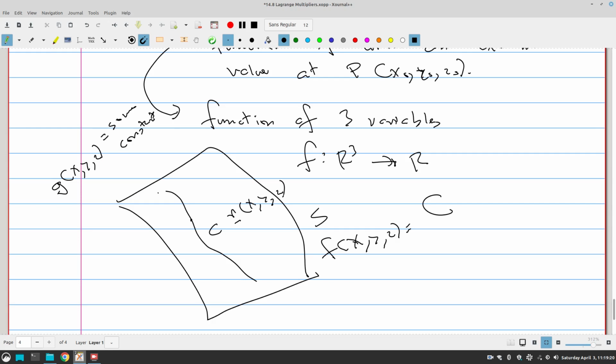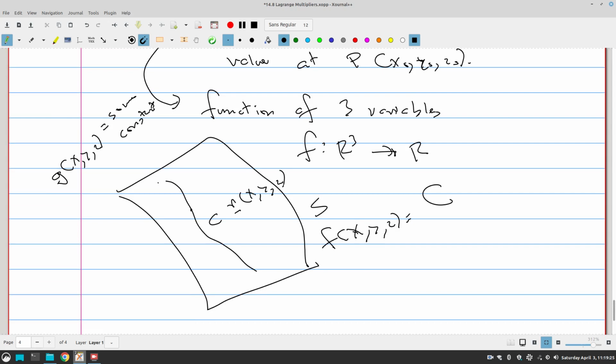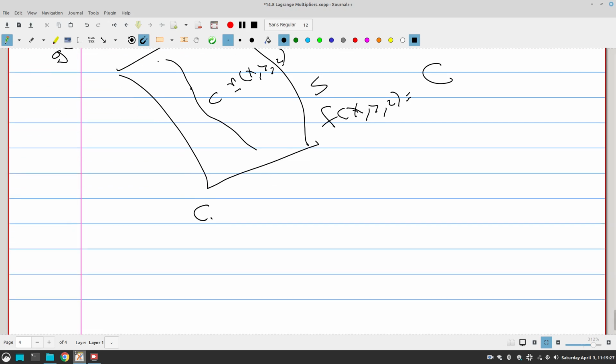Now consider the following composite function.